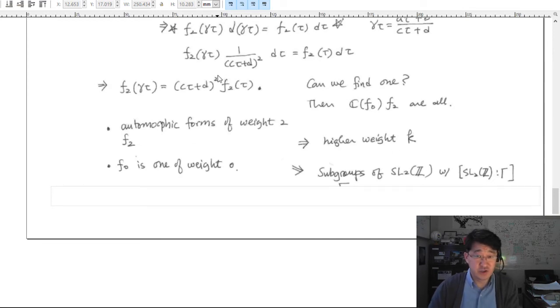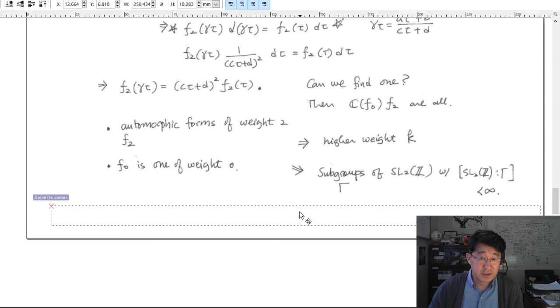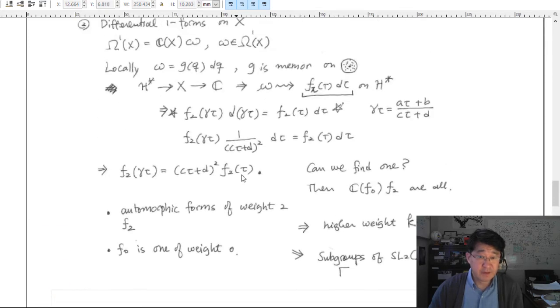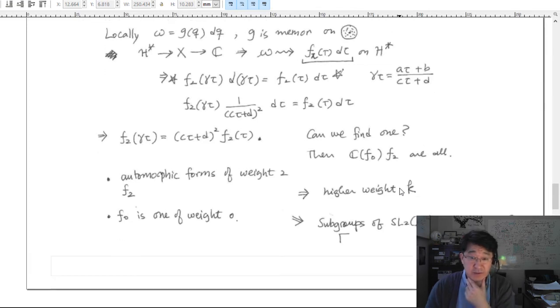That's simply changing that exponent to k and applying the analogous meromorphic condition at infinity, and that gives you this straightforward definition of automorphic forms of weight k, including k being 0.